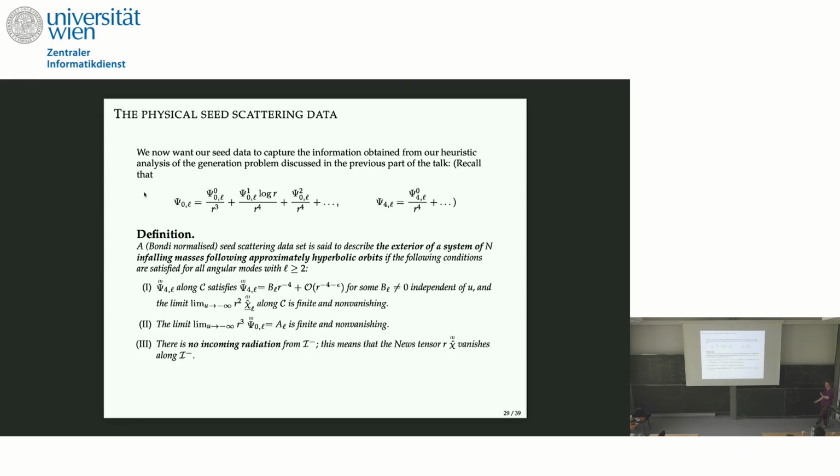This thing here, I'm really just giving a heuristic motivation that you basically expect. You expect, for instance, if you do this generation problem just to higher orders in the Newtonian parameters, then the effects of that will only give you subleading changes here, but they won't change the rates here. And then I think it's reasonable to expect that, well, it's just reasonable to believe these rates towards past infinity.